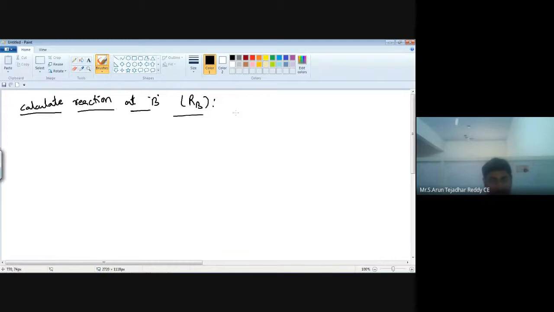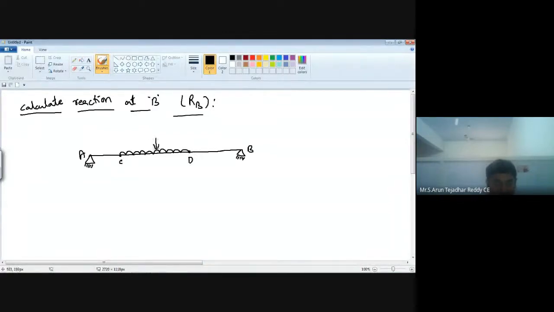The given diagram is a beam with support A, and here a UDL is acting. Next, there are two supports, A and B. This point is C and the ending point is D.